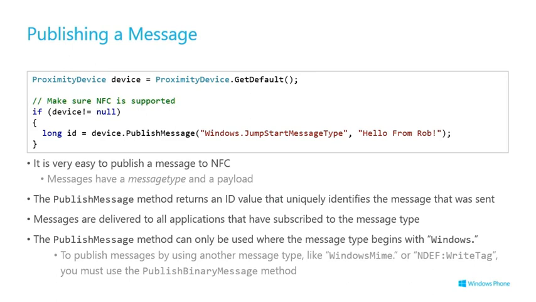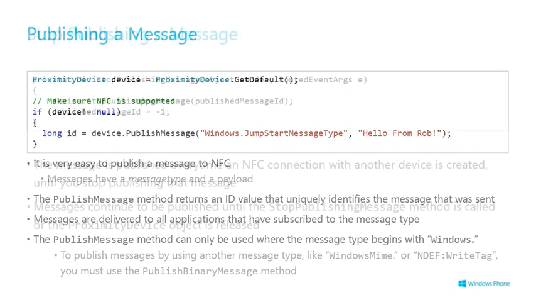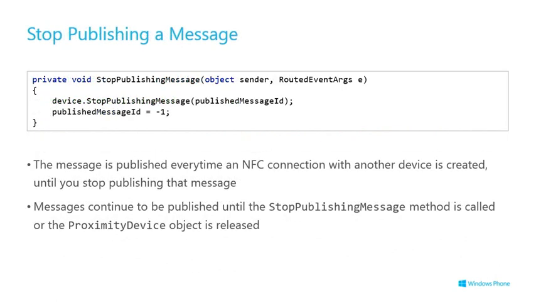So the publish message method is only for these Windows dot tags. There's a publish binary message and also a publish URI message. The publish binary message is for writing to NFC tags. I'm not going to go into that anymore in this one. So you need to save that ID value because a publish is not a one-shot thing.